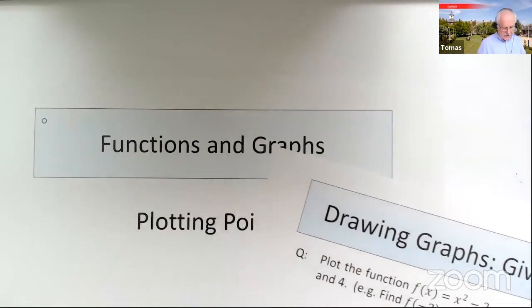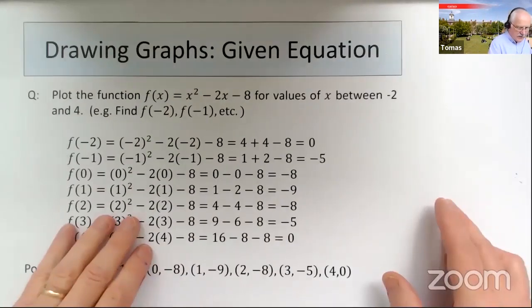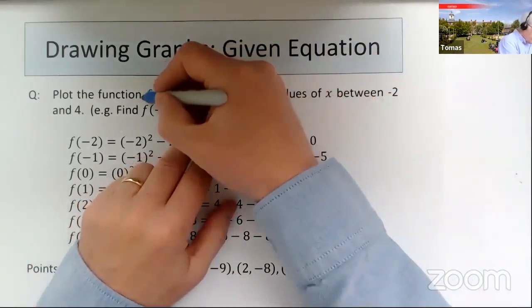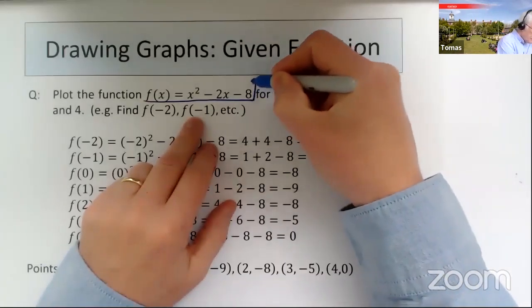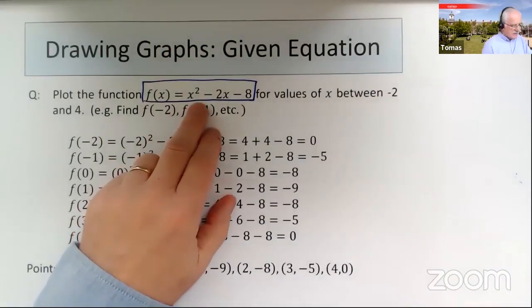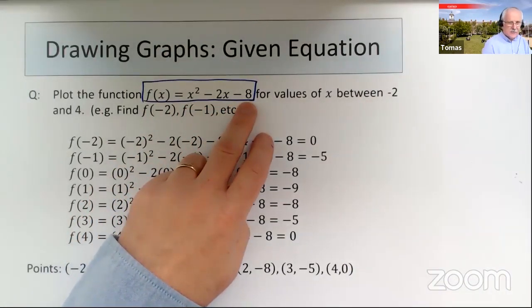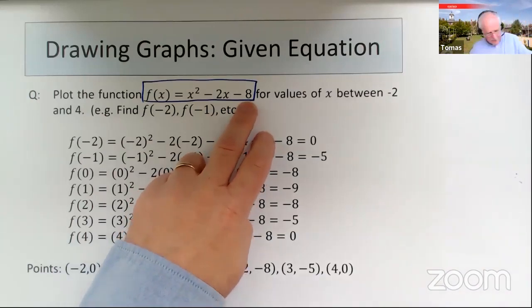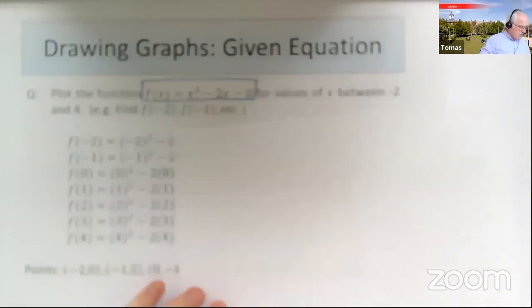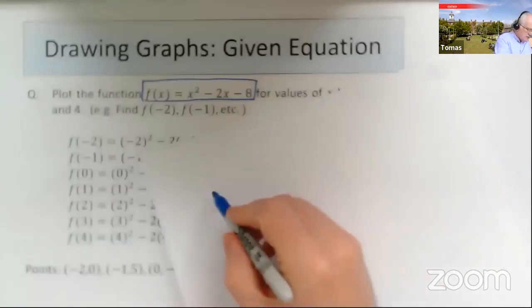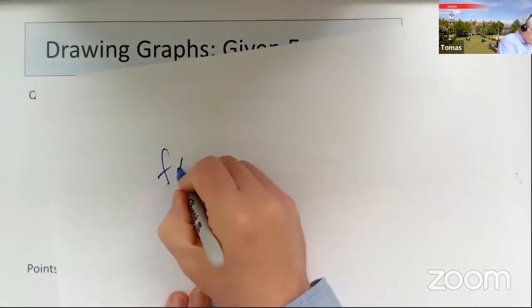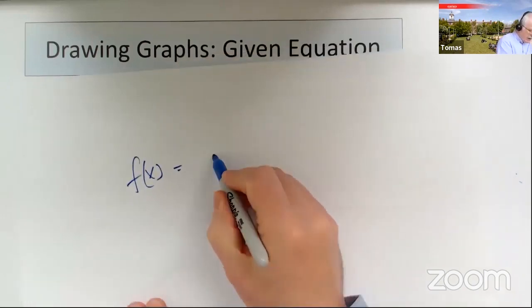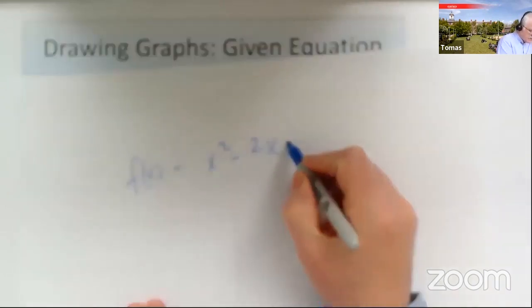So what I'm going to do now is, given the same graph, here's a question. f(x) is equal to x squared minus 2x minus 8. And I'm saying, let us now draw that graph. Now, this is strange. We're now seeing something like f(x) is equal to x squared minus 2x minus 8.